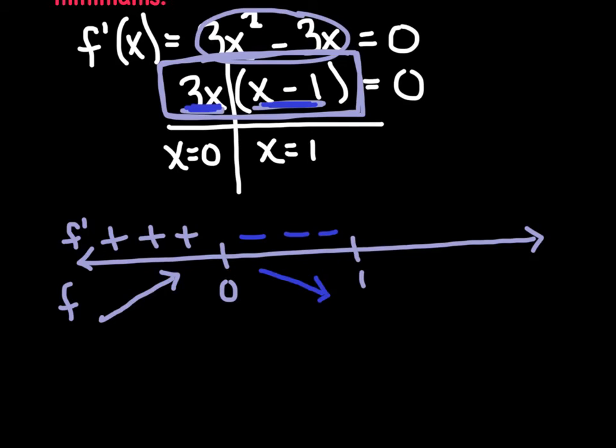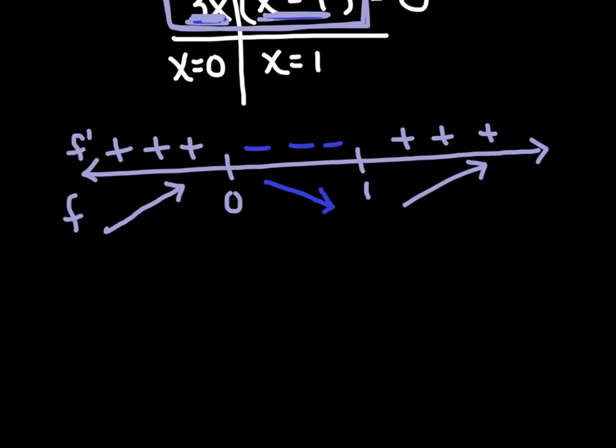Alright, next interval. I can pick any number between 1 and infinity. Probably the nicest number in there is a 2. And 3 times 2 is positive, 2 minus 1 is positive, a positive times a positive is positive. And that tells me that f is increasing.